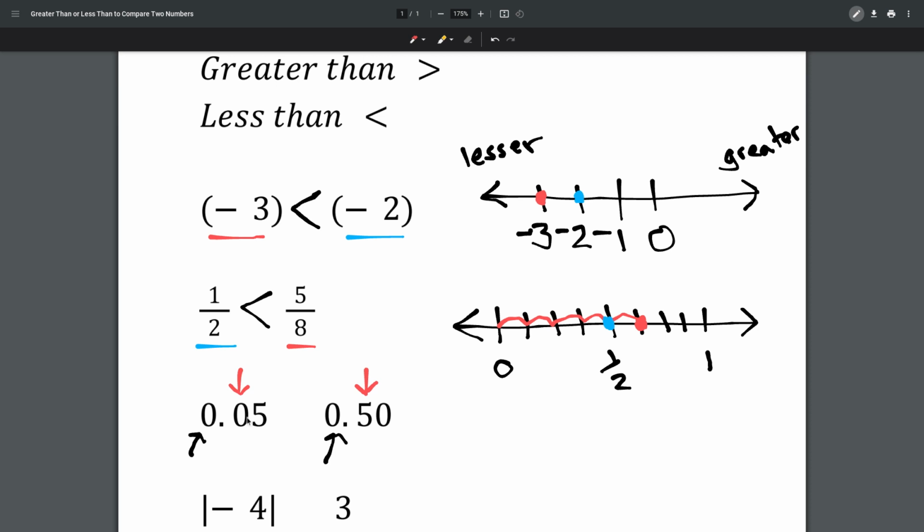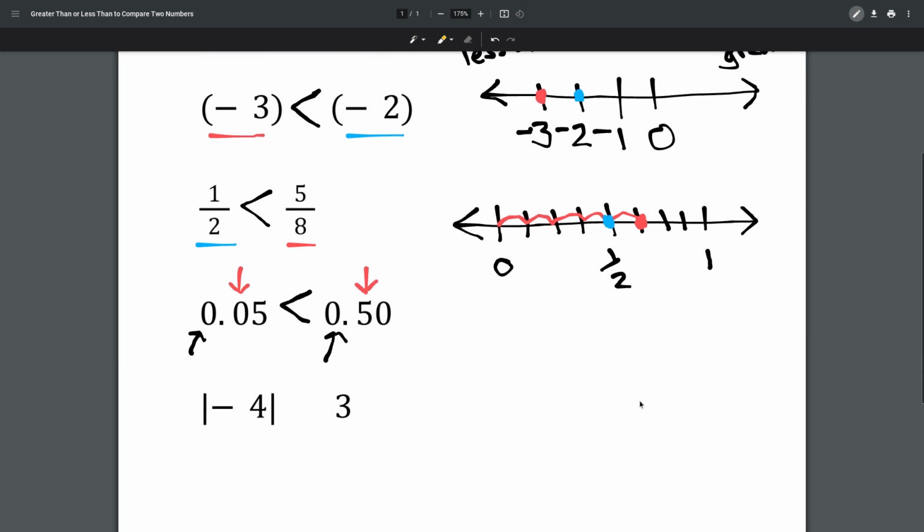So, if the tenths place were equal, we'd go to the hundredths place. But right now we see the tenths place are not equal. 0.50 is clearly greater than 0.05, meaning 0.05 is less than 0.50.